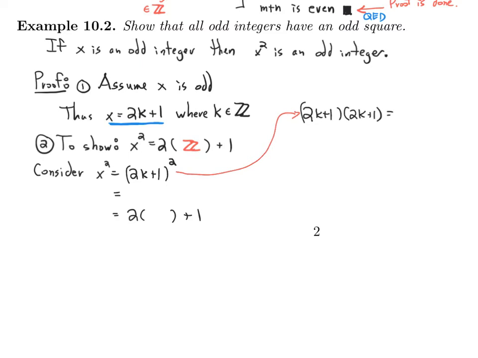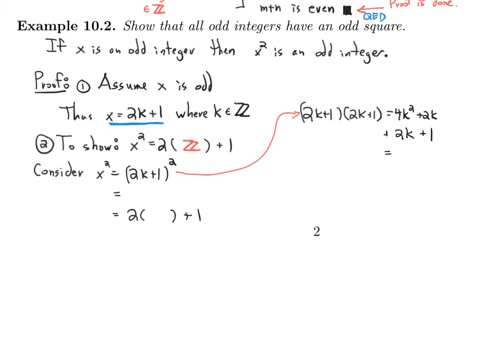We multiply each term of the first bracket by each term in the second bracket, then add them all together. So we get 2k times 2k is 4k squared. 2k times 1 is 2k. That's the first term in the first bracket times the second bracket. And then the second term in the first bracket times the second bracket: 1 times 2k is 2k, and 1 times 1 is 1.